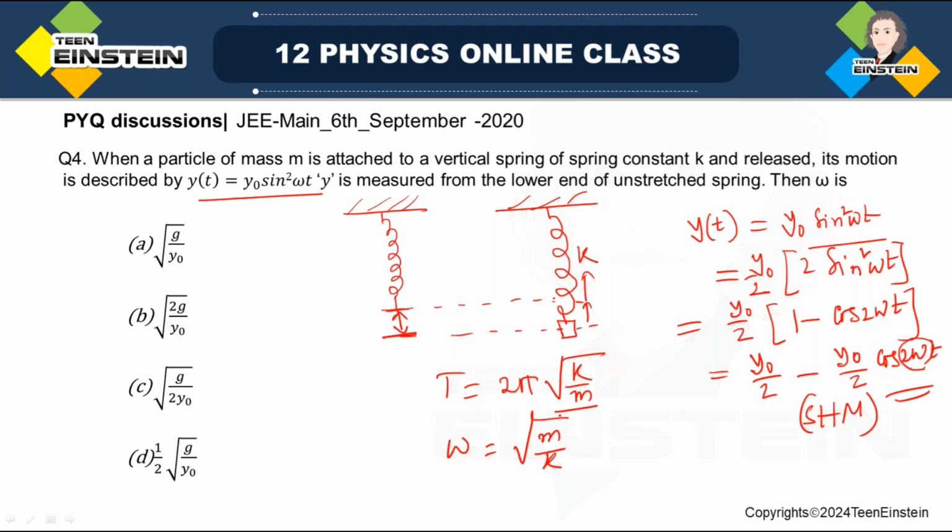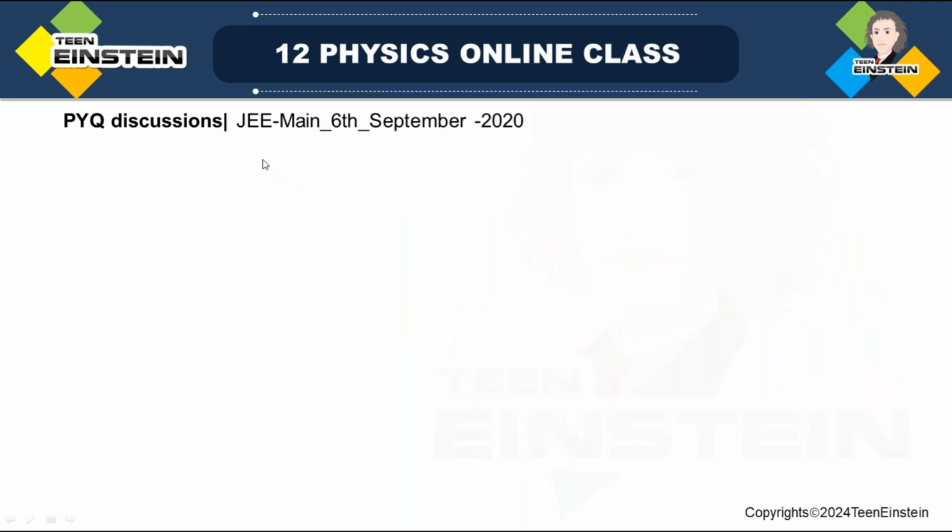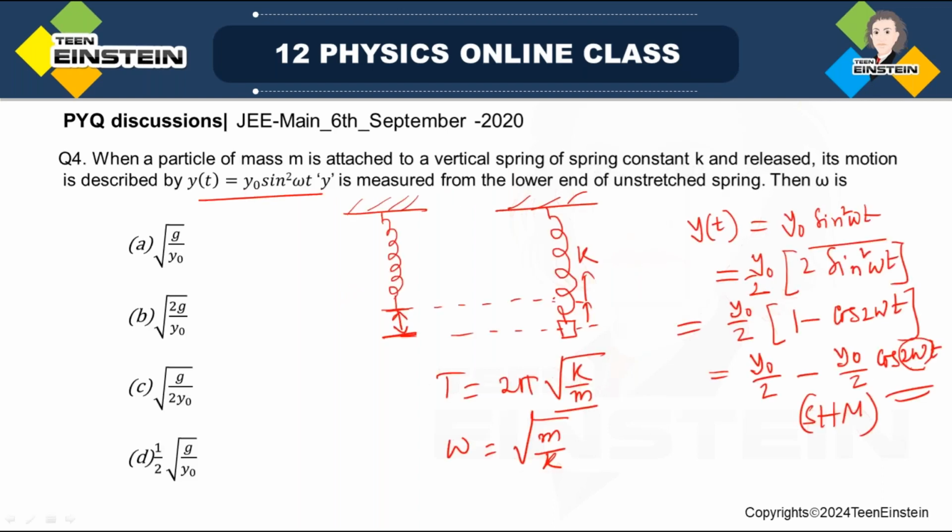So 2 omega is equal to root over m by k. But what is this m by k? How to find out this k here?